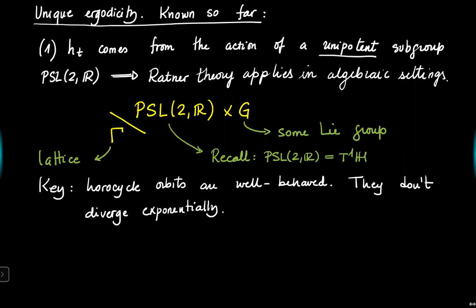So in this setting, you can apply Ratner's theorem to know what all ergodic measures invariant under the horocycle flow look like.